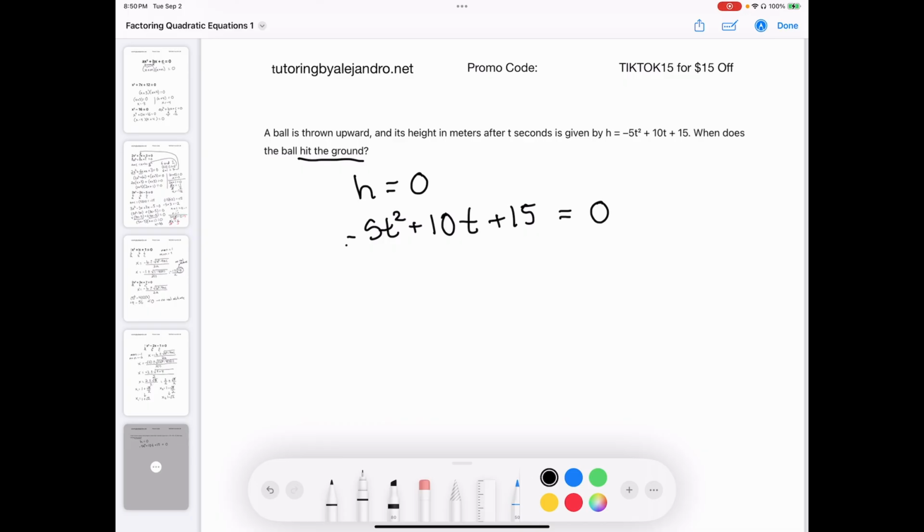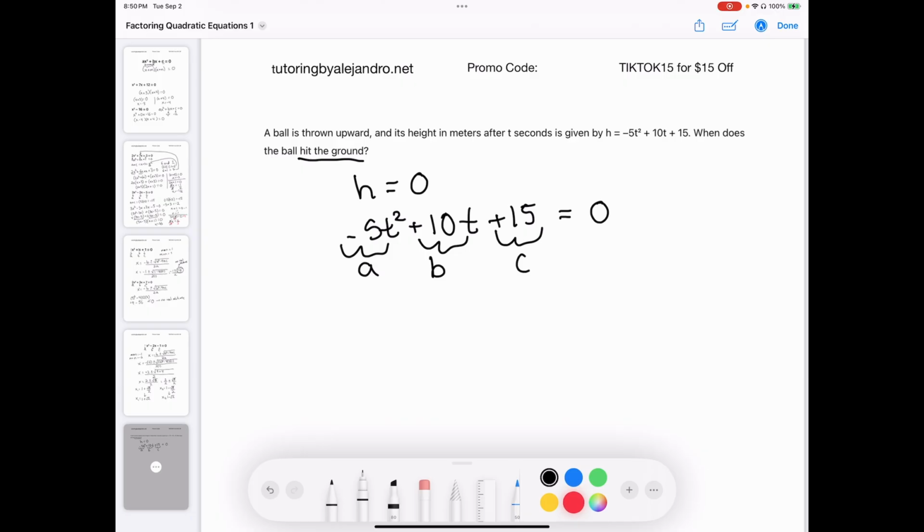So here, we have negative 5 as a, b being 10, and c being 15. But in some cases, we can simplify this further to make our lives easier in the long run. If you look closely, you can see that all three terms can be divided by negative 5. So let's do that.